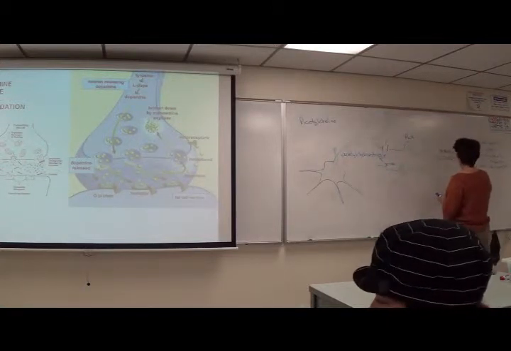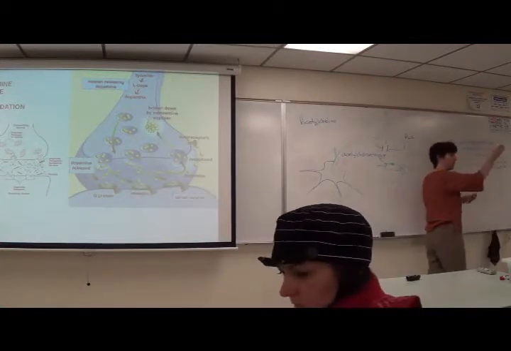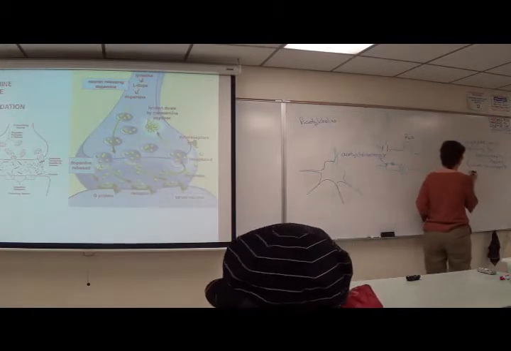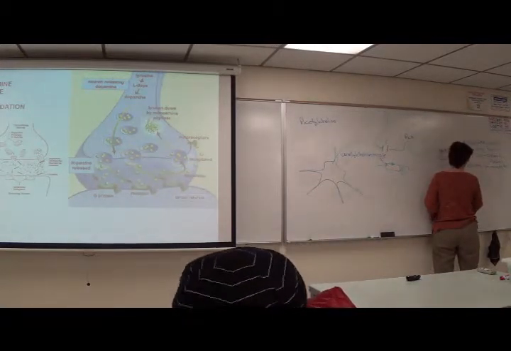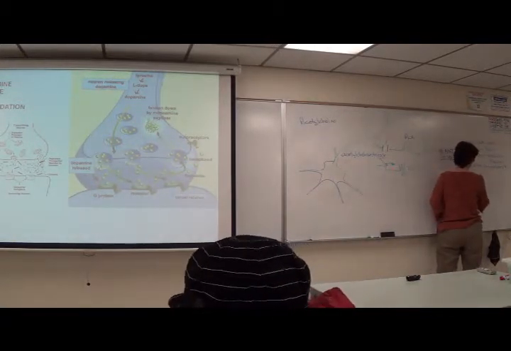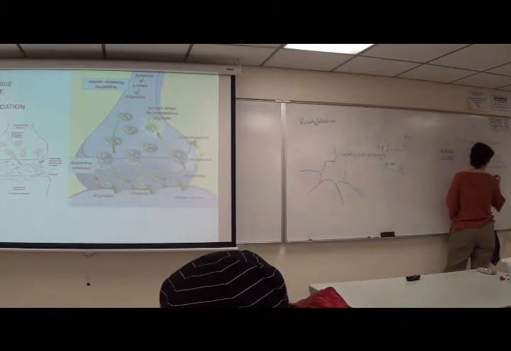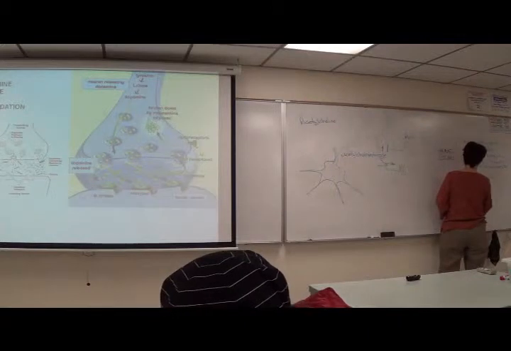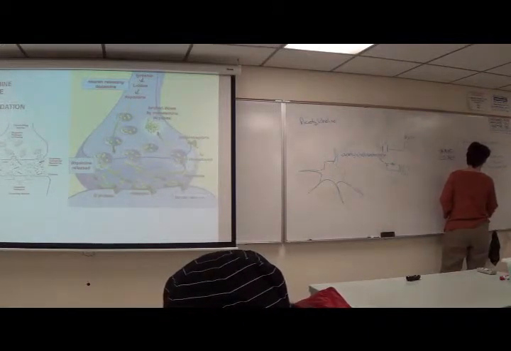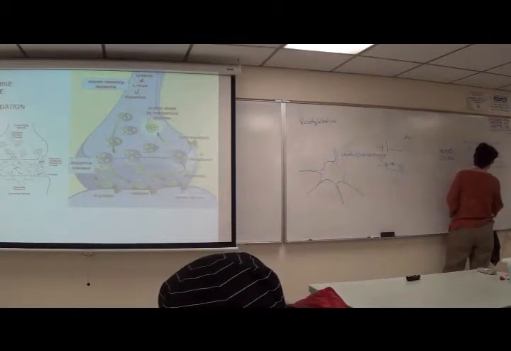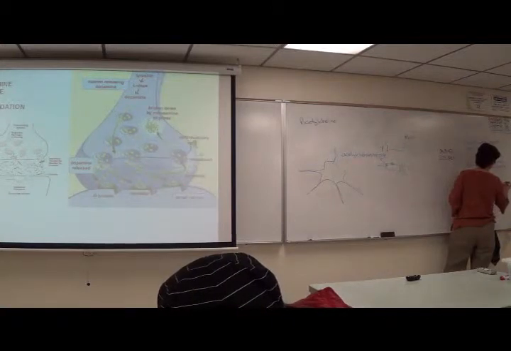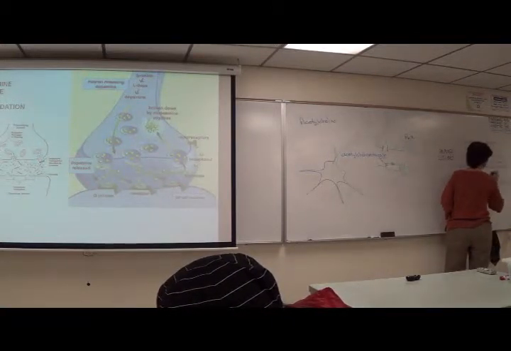So the second mechanism by which we affect what happens to neurotransmitters is using enzymes in the postsynaptic membrane. And that's what I illustrated here with acetylcholine.